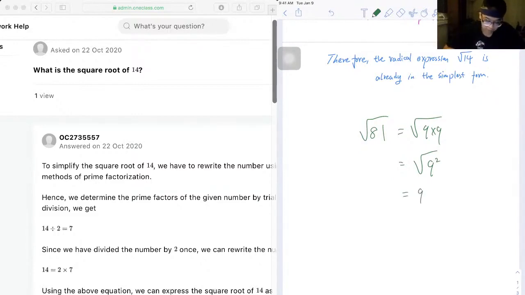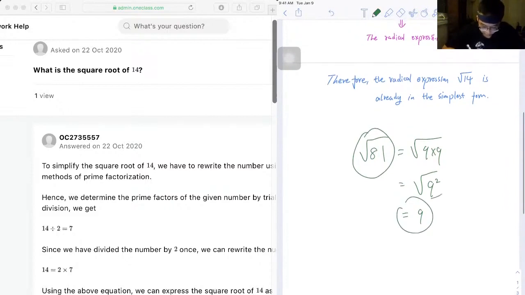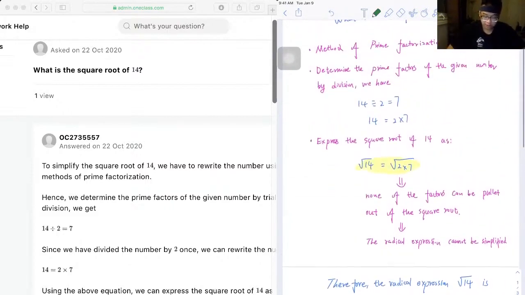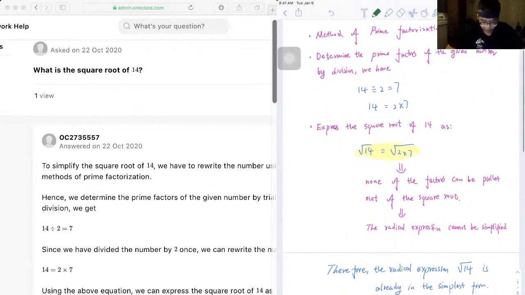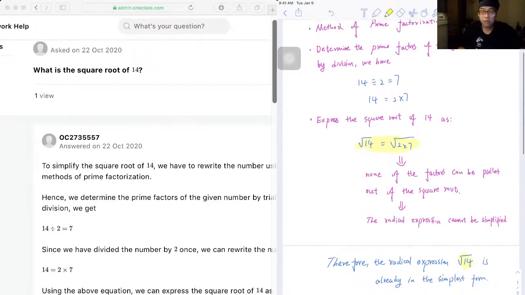So the square root of 81 will be equal to 9. As you can see here, we can still factor the 9 out, but in the 14 case, the 2 and 7 are already prime factors, so none of the factors can be pulled out of the square root. That's why we have root 14 as our answer.